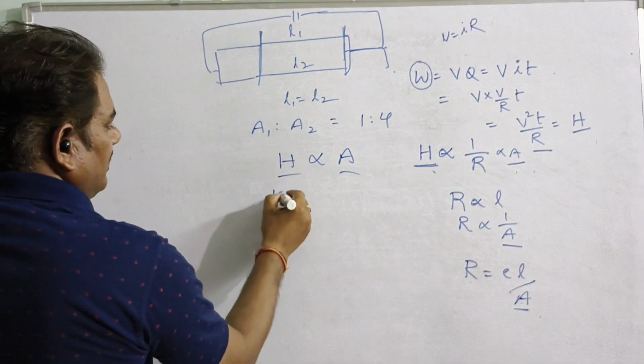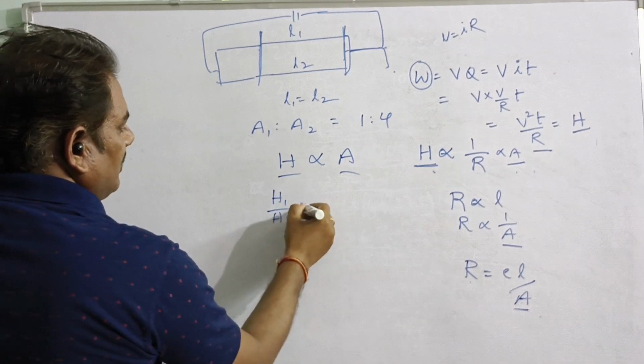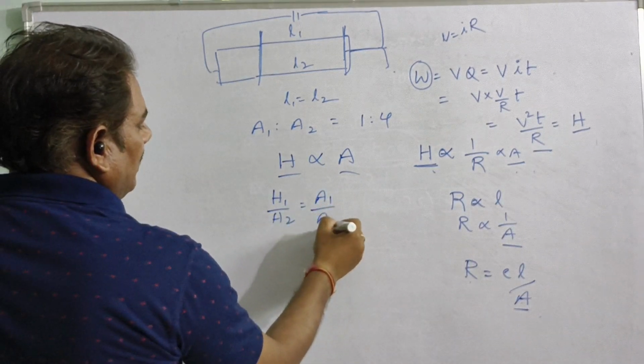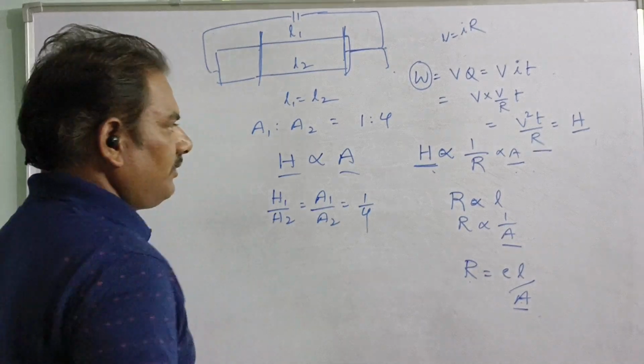So H1 by H2 is equal to A1 by A2, that equals 1 by 4.